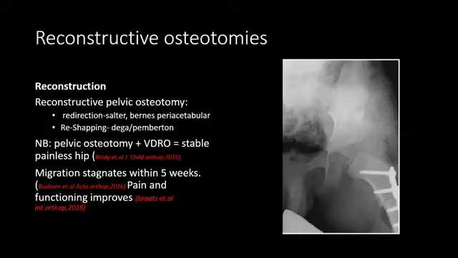Then, when you have done the varus derotation and pelvic osteotomy, that reduces or makes the migration stagnate within 5 weeks, which means it's a well-working procedure. Remember the changes of the growth plate around the acetabulum after fractures. That's one of the reasons for my conviction that this could be working by stagnating the migration.